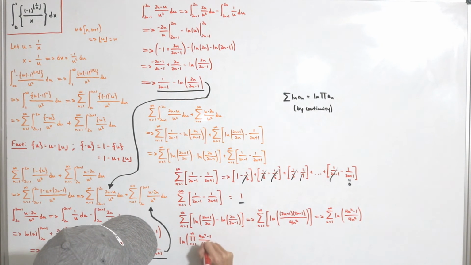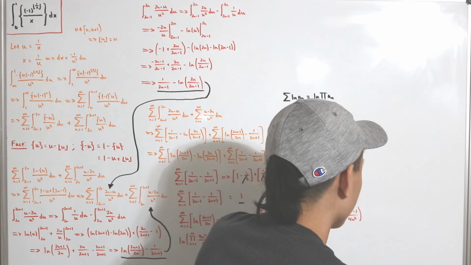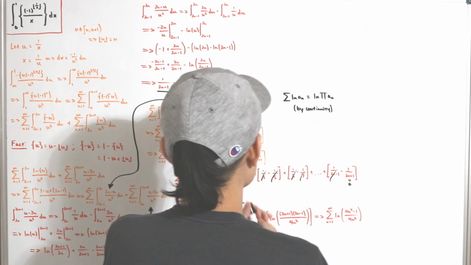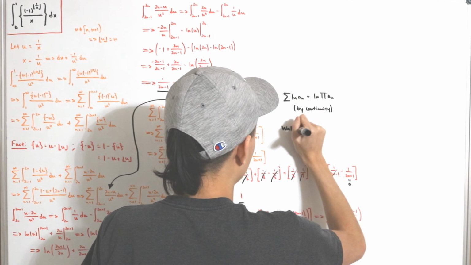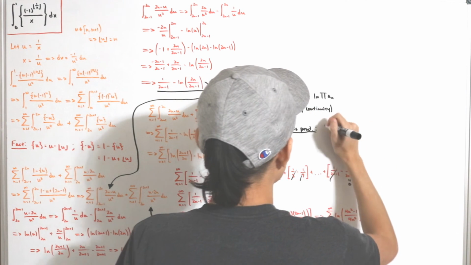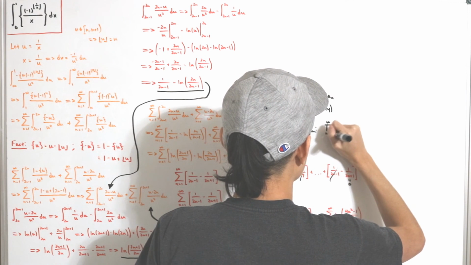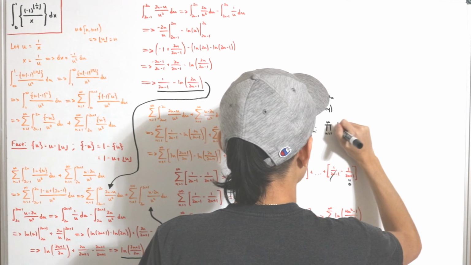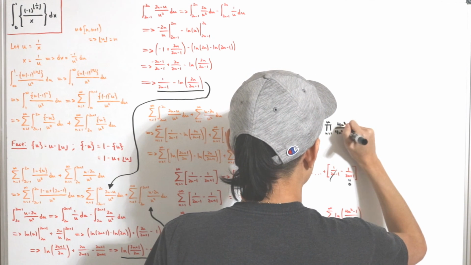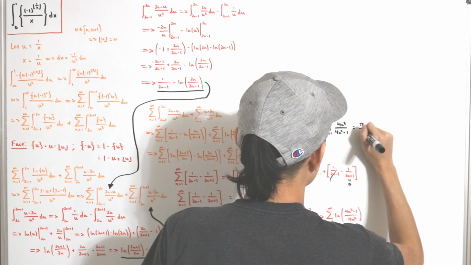divided by 4n squared. And now there's also one definition that we're going to use, which everyone knows as the Wallis product, which is defined as follows. The product from n equals 1 to infinity of 4n squared divided by 4n squared minus 1 is equal to pi over 2.